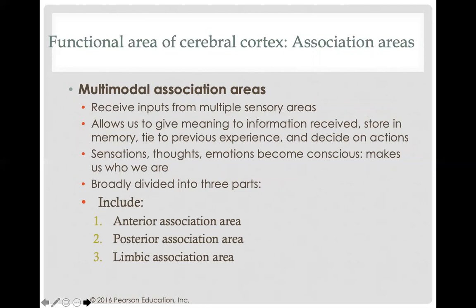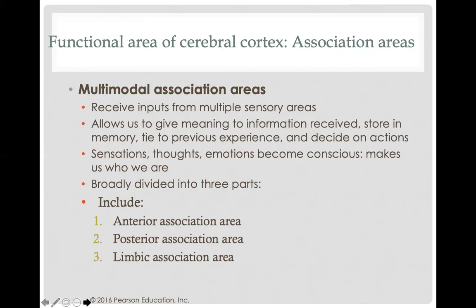Again, these multimodal associations are extremely important in terms of making you who you are, being able to carry out tasks like multitasking, critical thinking, memory, thoughts, sensations, conscious awareness of your environment, making decisions, and feelings such as anger or expressing emotions.